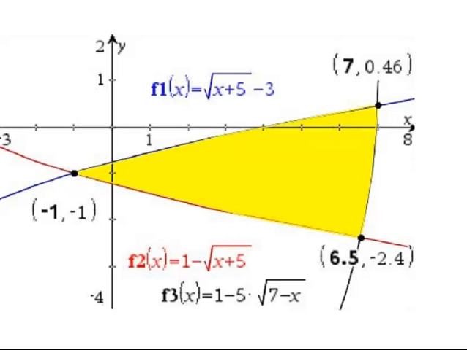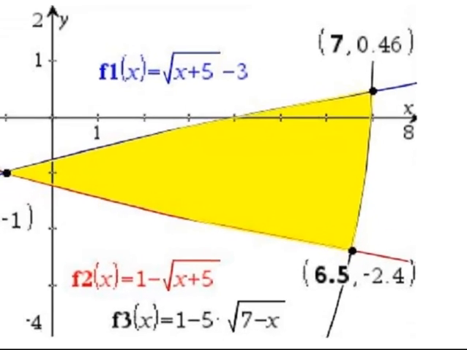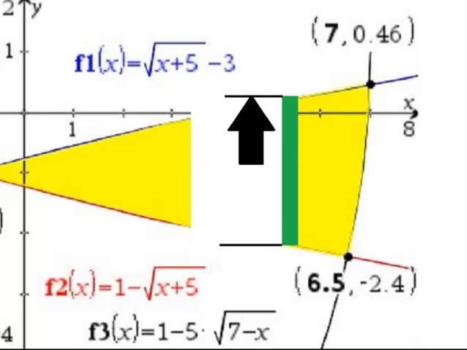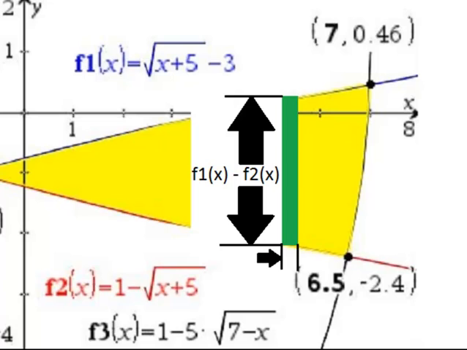Like all rectangles, the areas will be length by width. For the thin vertical rectangles in the vast left portion of this region, the length of any one of those rectangles will be upper y minus lower y, which translates to f1 of x minus f2 of x, width dx.